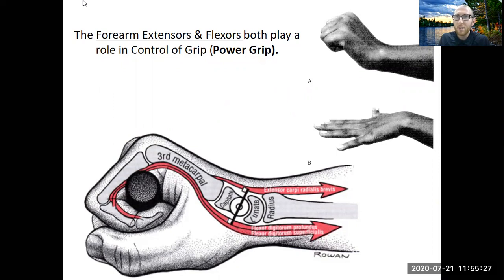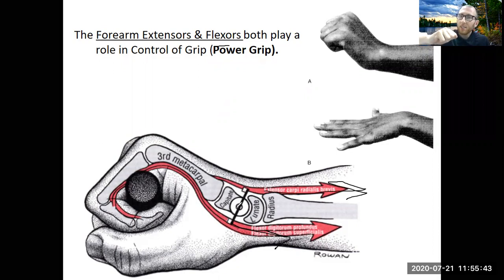So here we can see a lot of the flexors, digitorum profundus, allowing you to flex your fingers, but you've got to have some counter pull, extensor carpi radialis, extending the wrist, keeping it extended.